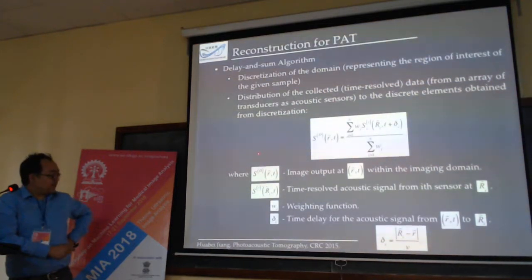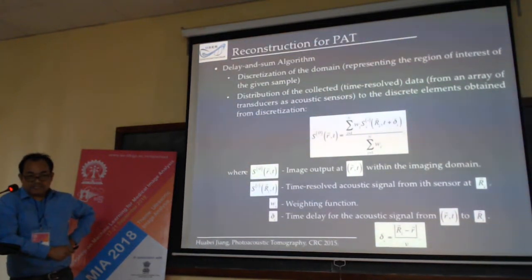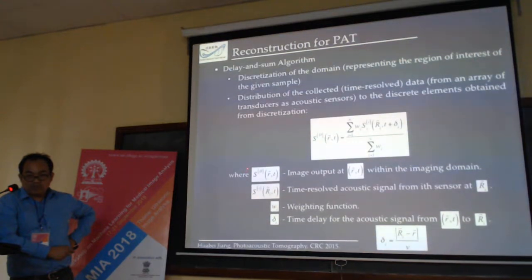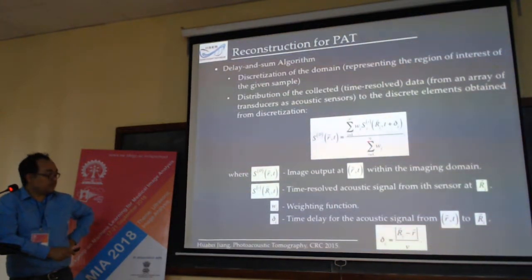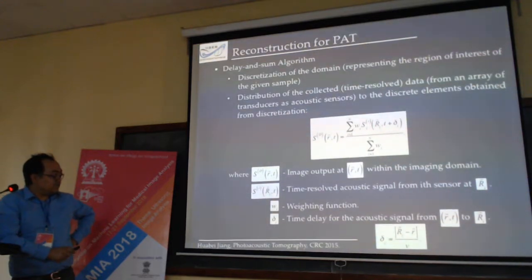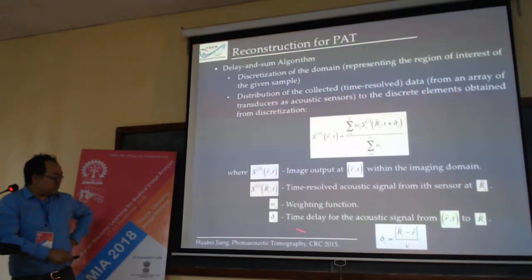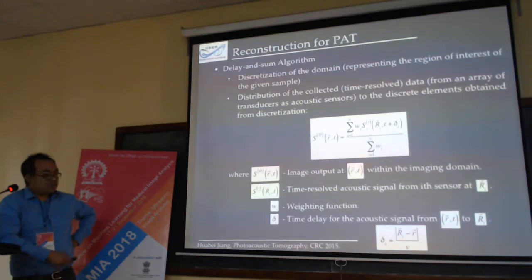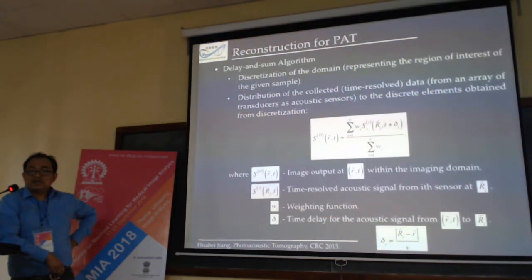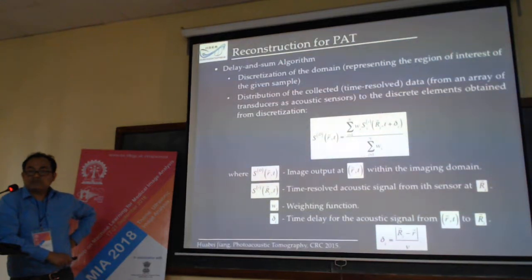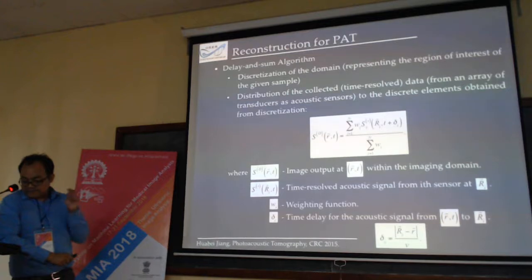At a given point, it is considered as a contribution from all the signals detected around. I think this is very clear. By using this technique, one can achieve the reconstruction from the tomography point of view. It is very, very effective.